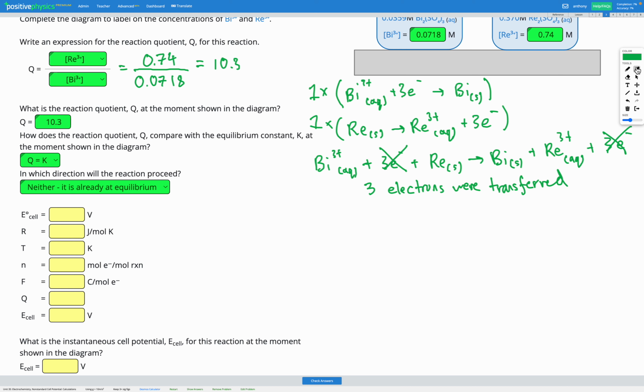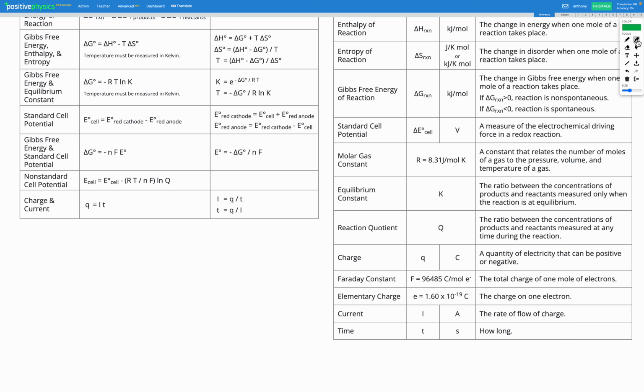Our next step is to calculate the instantaneous cell potential at the moment shown in the diagram. So let's head to our reference sheet. Here's our equation for non-standard cell potential.